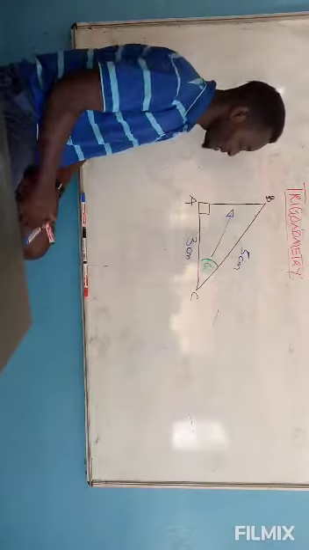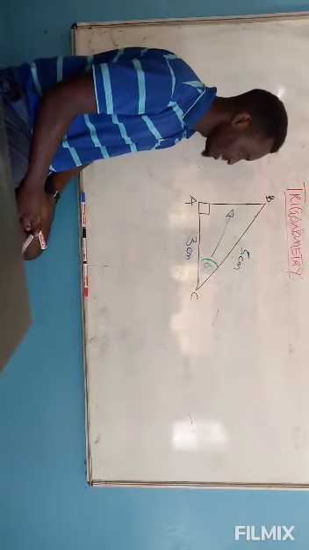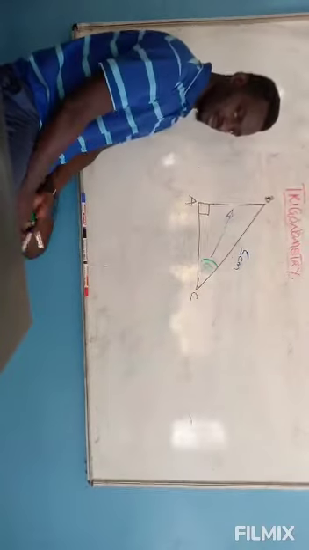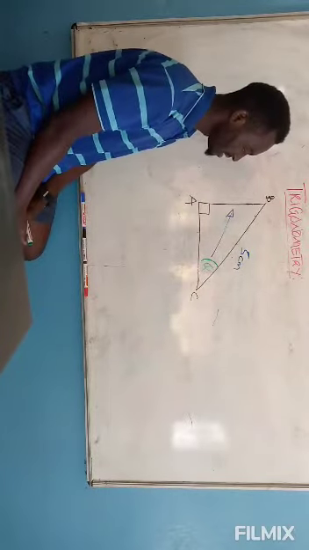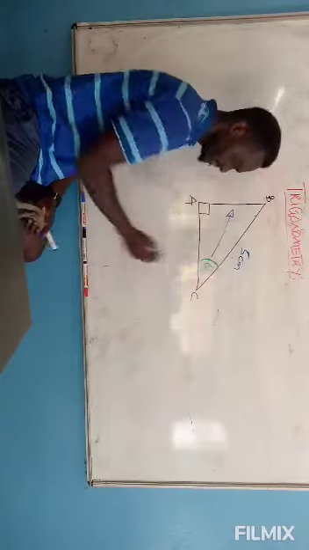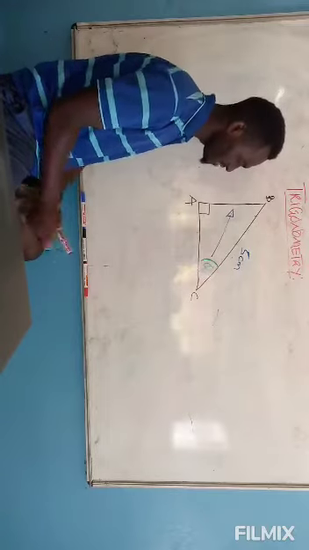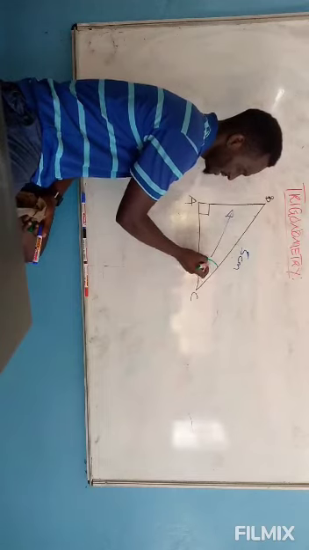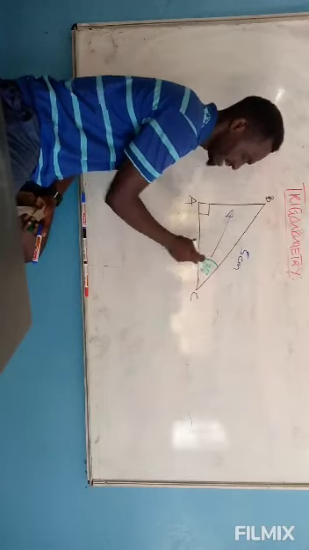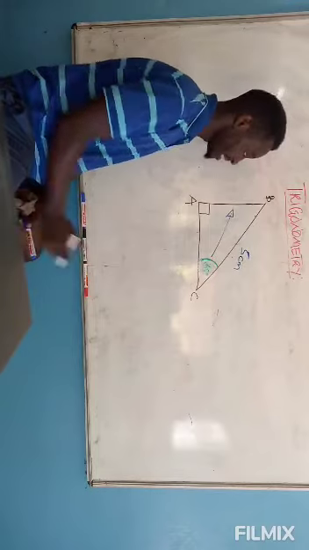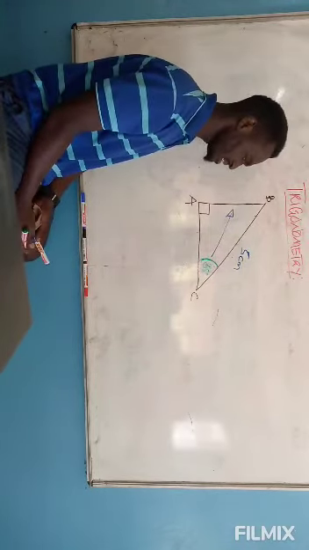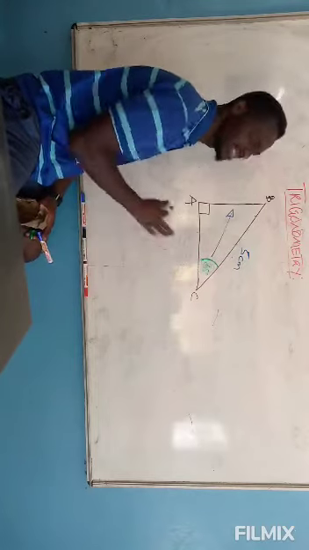Now, assuming that we have only been given one side, and we have been given this angle here, let's say 35 degrees, and we have been given side BC. Then the question is, find side AC.